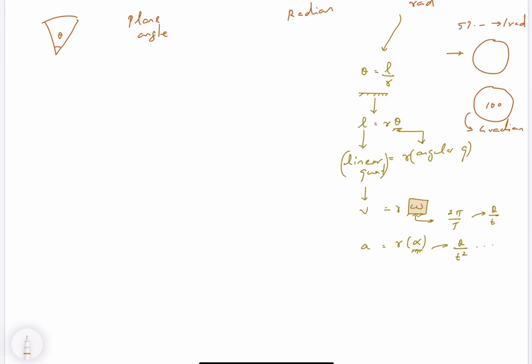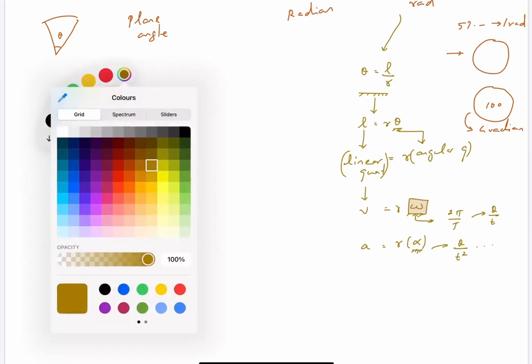Well, now I'll derive some very, very important physical quantities. Then we'll go up. And there are certain easy things that you can remember as a ladder, so that it's very, very useful.